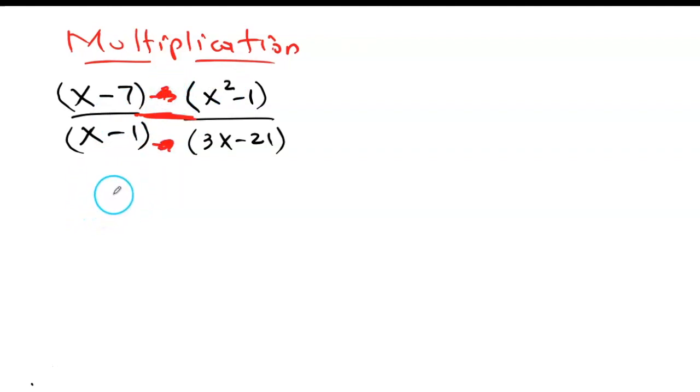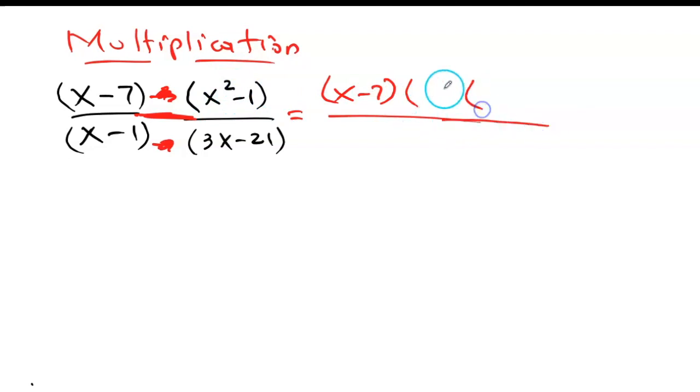What's next? Factor whatever you can. Can I factor the x minus 7? No. x minus 1? No. x squared minus 1? Yes. So let's keep the x minus 7 as a factor. And the x squared minus 1 is a difference of squares. I'm going to have two parentheses. x and x, plus and minus, square root of 1 is 1 and 1.